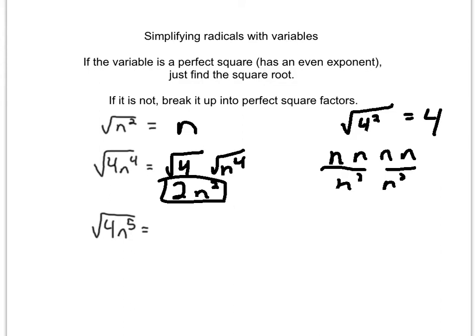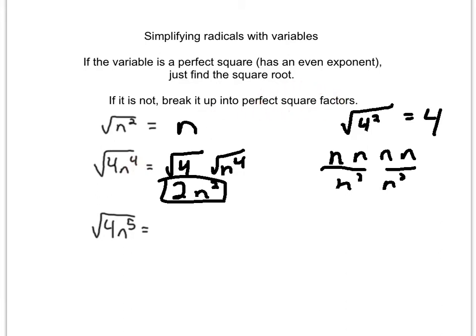Basically, to find the square root of a power, you take the power and divide it by 2. So 2 divided by 2 is 1, so n to the first power. Here, n to the 4th power, 4 divided by 2 is 2, so it's n squared. That works fine when we have an even exponent. If it doesn't have an even exponent, then we need to break it up into things that do.